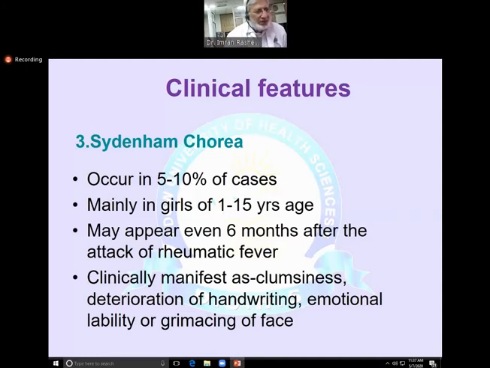Actually, he is not intentionally making the facial impressions to tease the teacher. It's happening with the child. So the clinical manifestations are clumsiness, deterioration of handwriting, emotional lability, or grimacing of face.